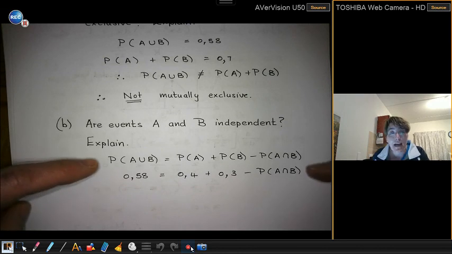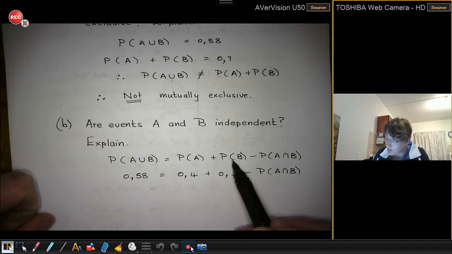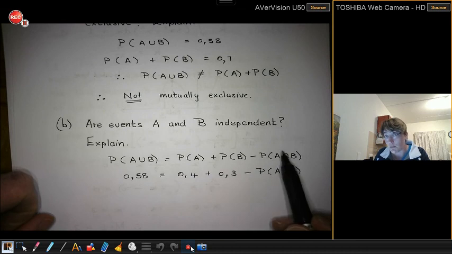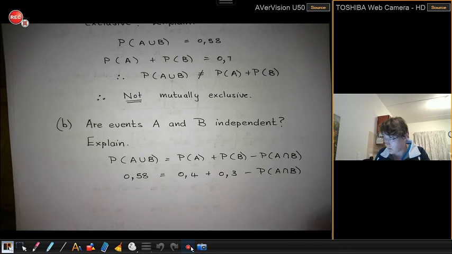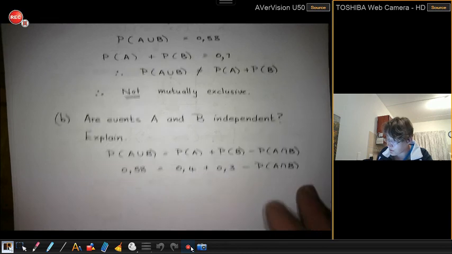This probability identity always holds true. And that is why you should know that the probability of A and B is always going to be equal to the probability of A plus the probability of B minus the probability of A or B. Okay, so that's a very nice thing to remember for these types of problems.